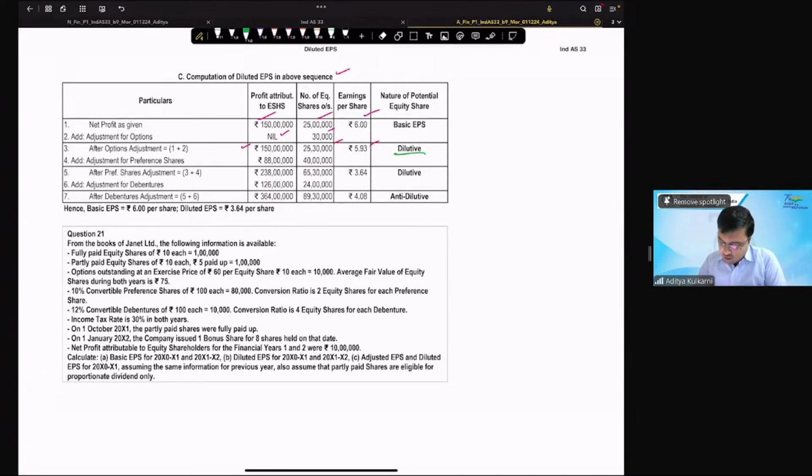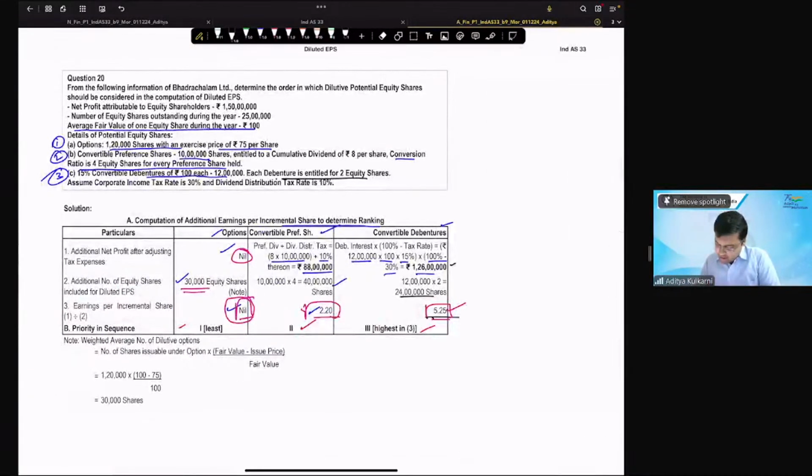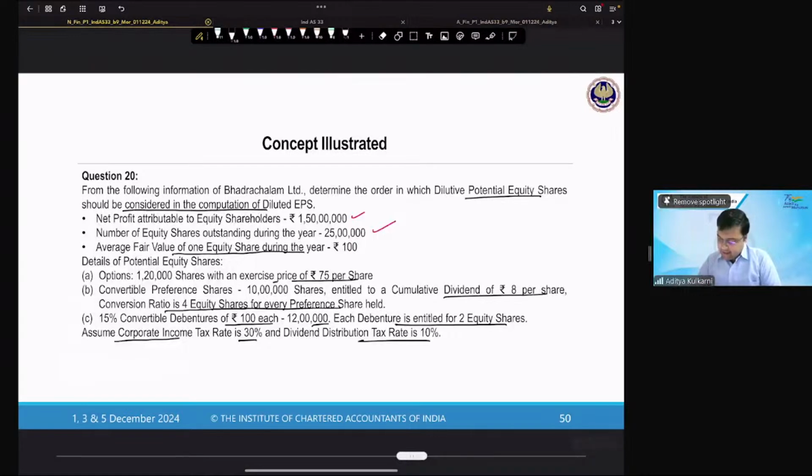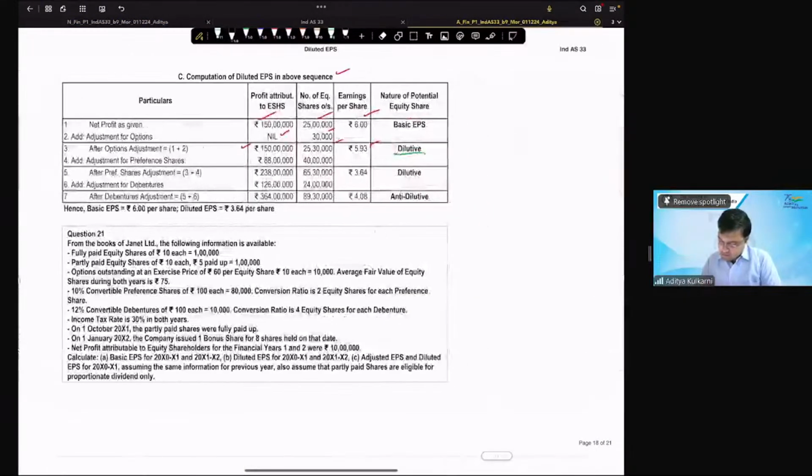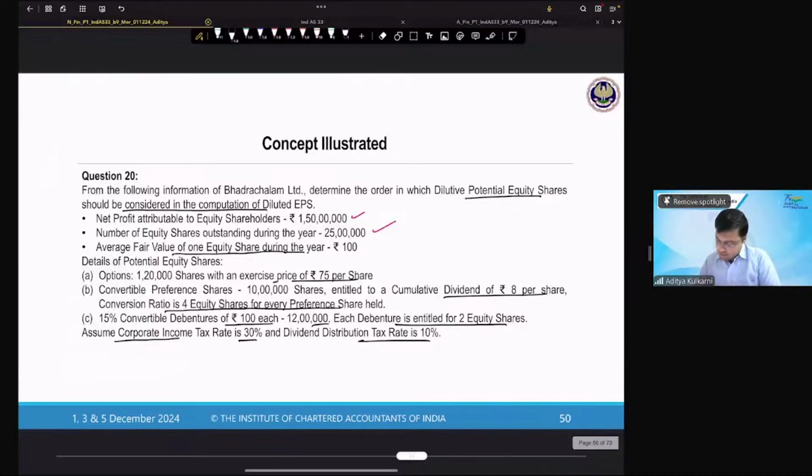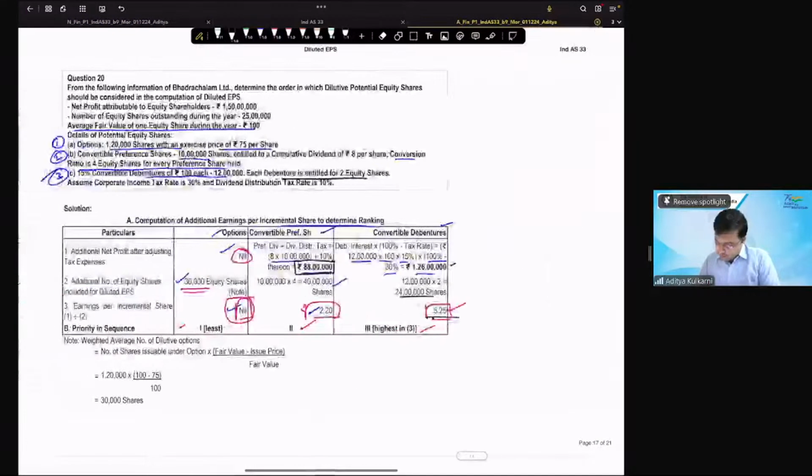Next, we move on to the next one, that is preference shares. In the case of preference shares, I have added 88 lakhs. And when I add 88 lakhs, the number of shares that should be added back is 40 lakhs.